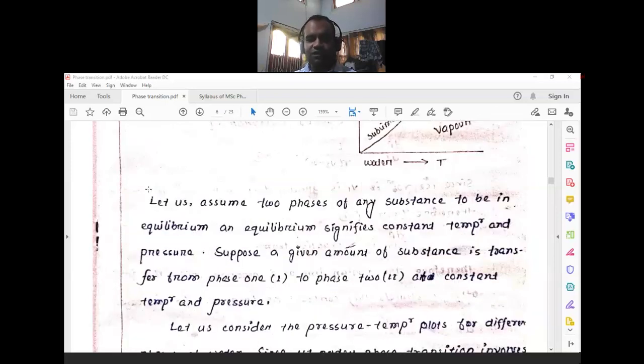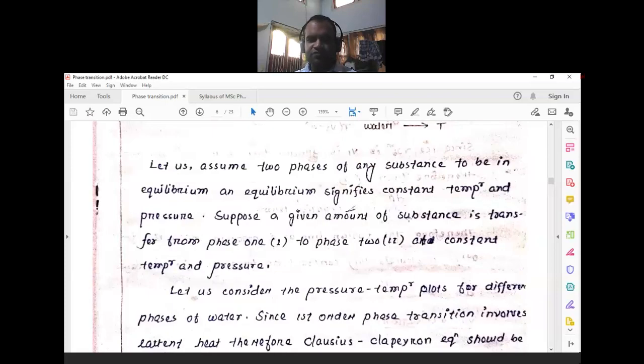So let us assume two phases of any substance to be in equilibrium. Then an equilibrium signifies constant temperature and pressure. What is a thermodynamic equilibrium? That means it has to be at constant temperature and pressure.